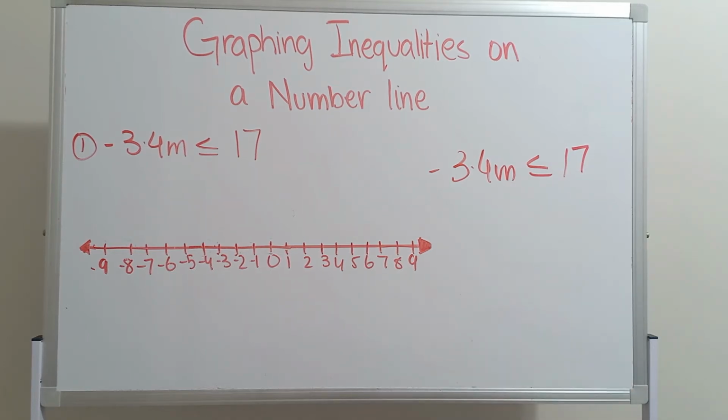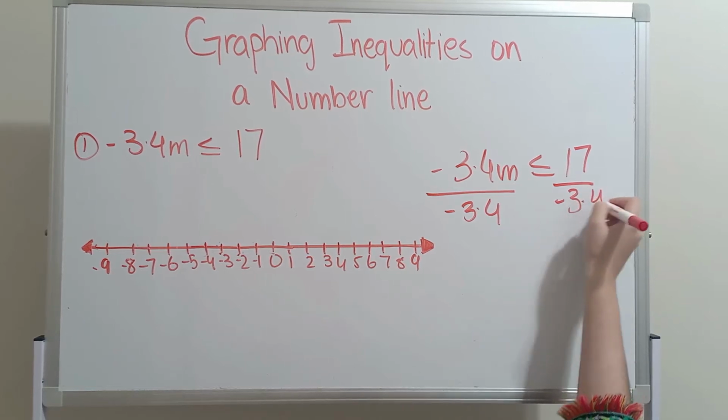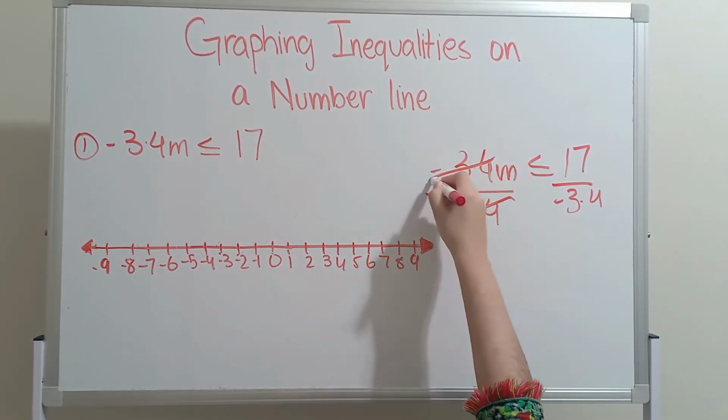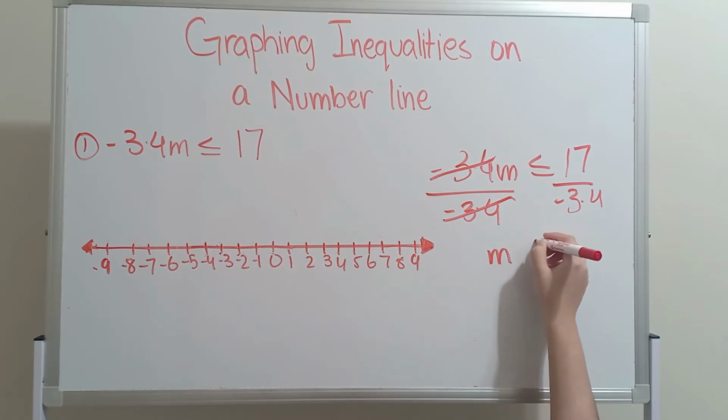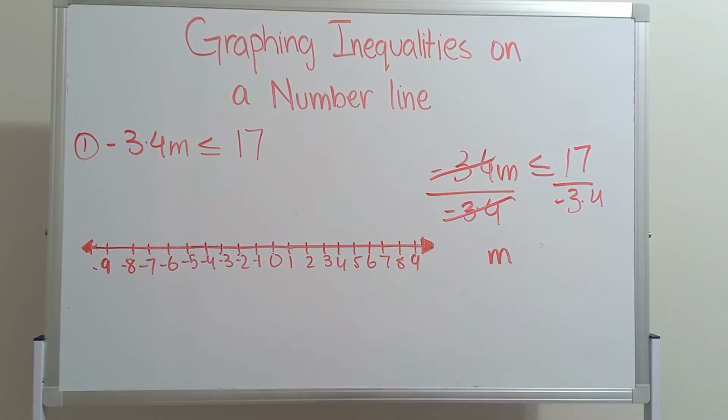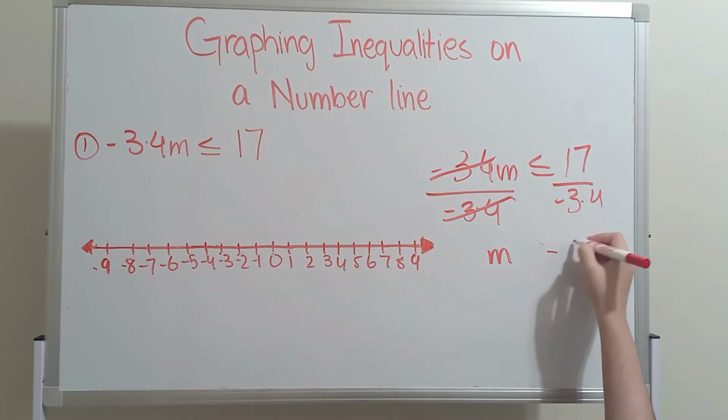We want the variable by itself here, so we are going to divide both sides by -3.4. Here we will cancel these out, and now we will have only a variable here. And 17 divided by -3.4 is going to give us -5.